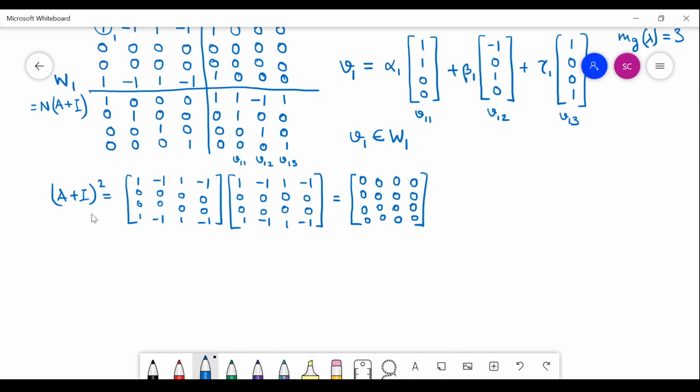Now it comes automatically to our mind that one of these basis vectors v11, v12 and v13 would go on to give the Jordan block of size 2, and the other two will remain with Jordan blocks of size 1. They will not go on to give a Jordan block of size 2.